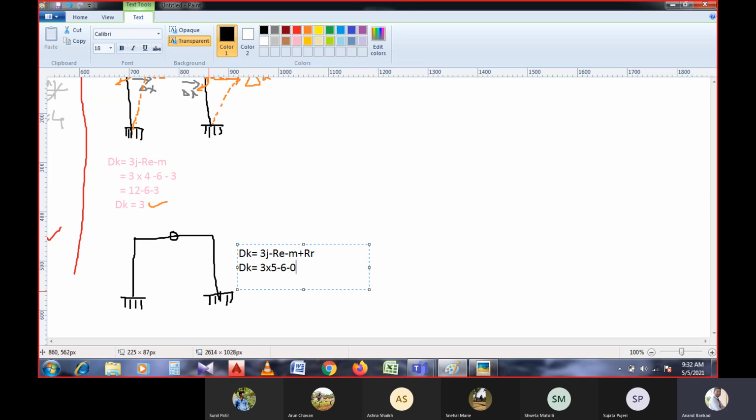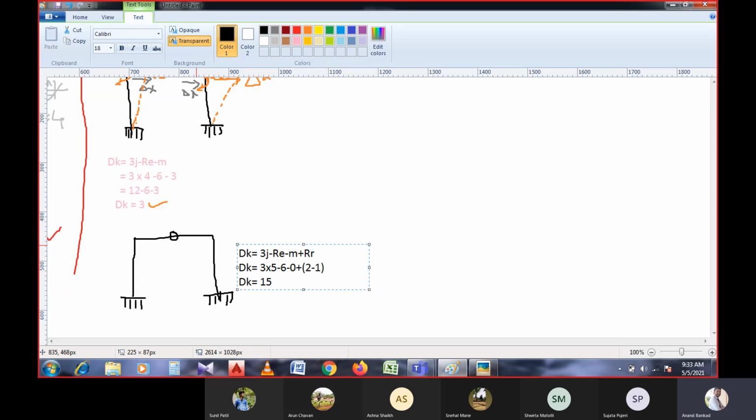The RR, that is release reaction, how can you calculate it? m dash minus 1, where m dash is how many members are connected to the internal hinge. There are 2 members connected to the internal hinge, so 2 minus 1.